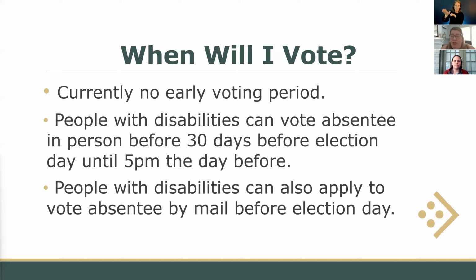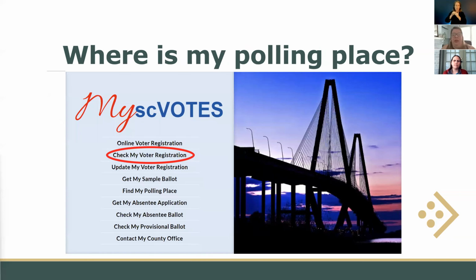But if you have a disability and you want to vote in-person absentee, you can fill out the application and then vote that same day. So just if you're concerned about when that period starts, where to go, give us a call or give your county election office a call. Okay, we can go to the next slide.